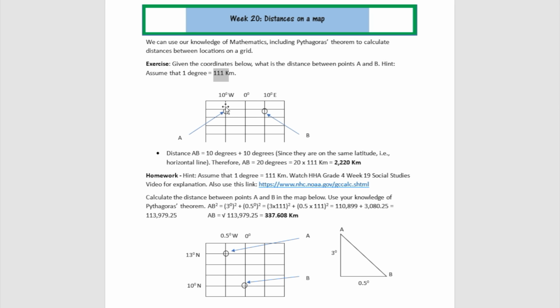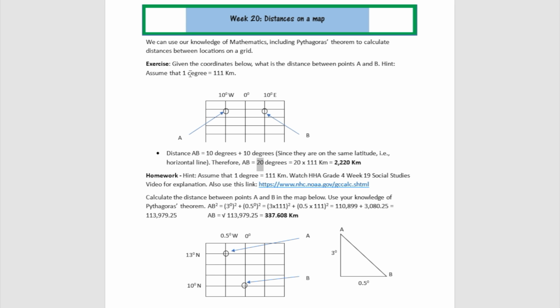So what we're going to find is how many degrees are between points A and B. Well, you can see that really easily moving along this horizontal line. This is going to be 10 plus 10, which is the reason we have 10 degrees plus 10 degrees over here, since they are on the same latitude, horizontal line, which is equivalent to 20 degrees, right?